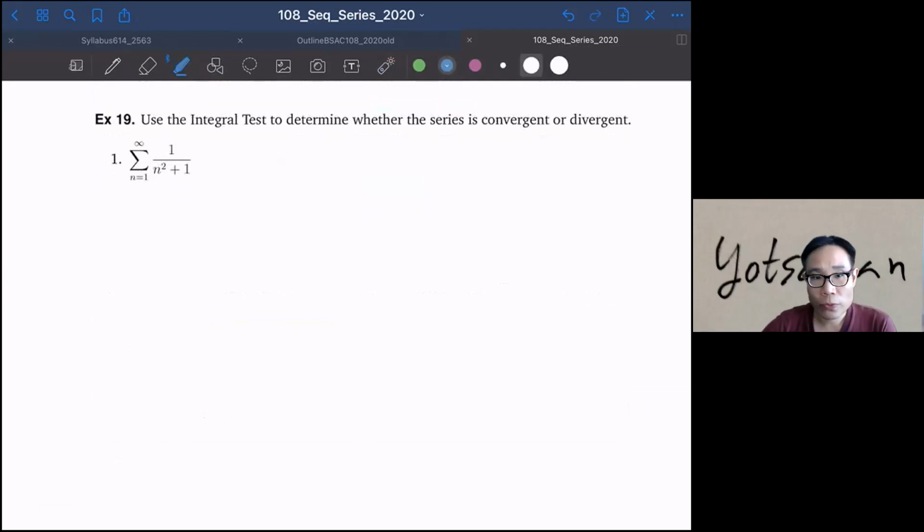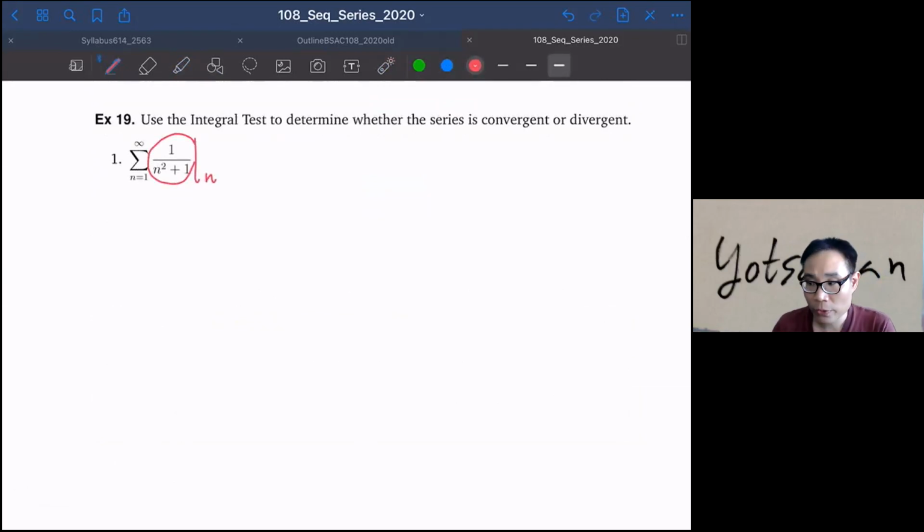The first one, you're going to try to use the integral test to determine whether the following series is convergent or divergent. You have the series n equal to 1 to infinity of 1 over n squared plus 1, and this one will be your an.